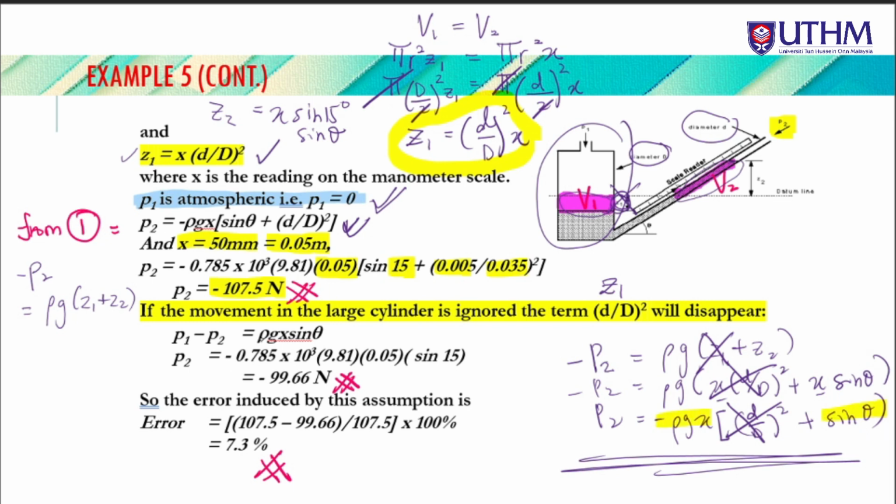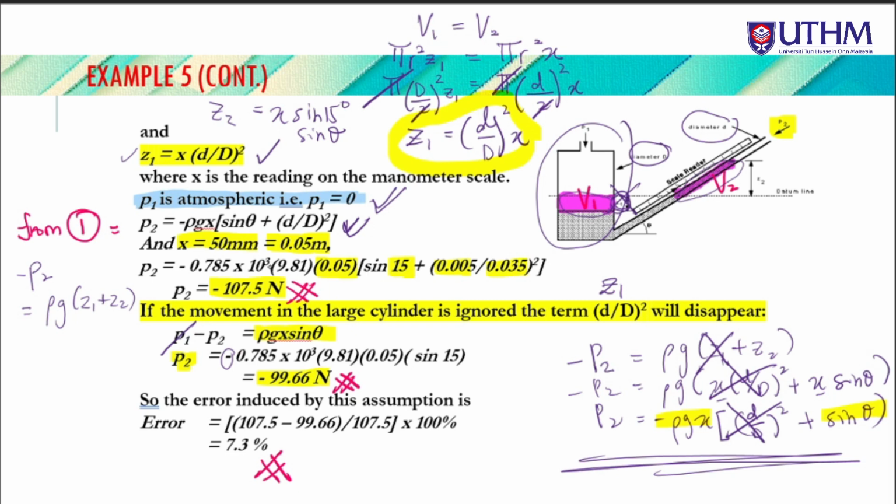That's why kita hanya consider yang ni saja, rho GX sin theta, and then P2 yang ni biasalah, kita slash negatif bawa ke kanan, dapat ni, and then kita dapat minus 99.66 Newton. So the error induced by this assumption is that kita compare both value kedua-dua daripada, sekejap saya guna pen lain pula, macam-macam color ada.